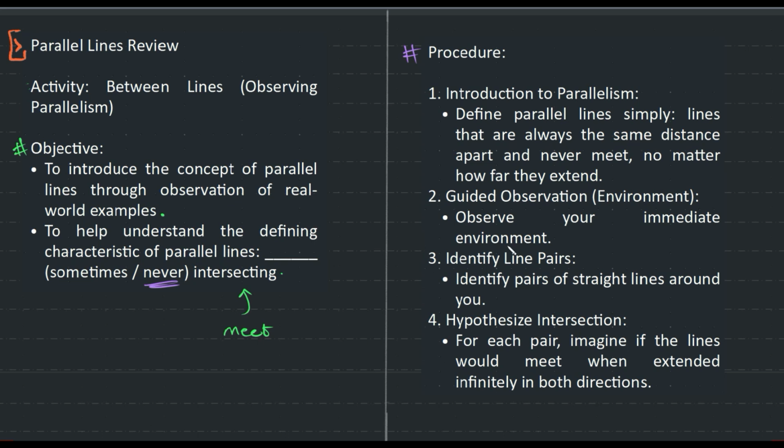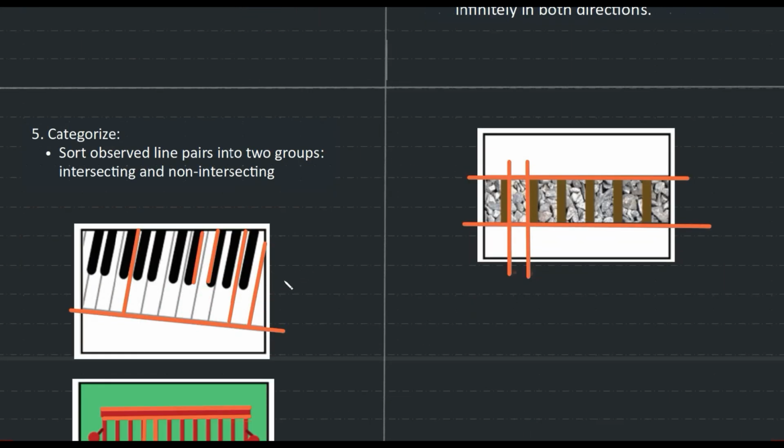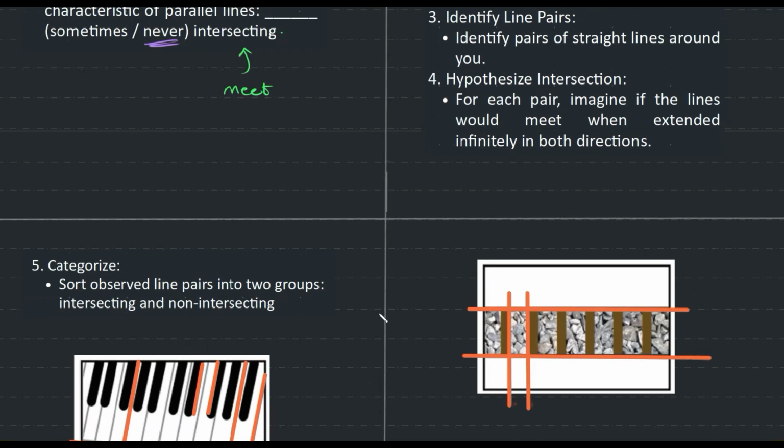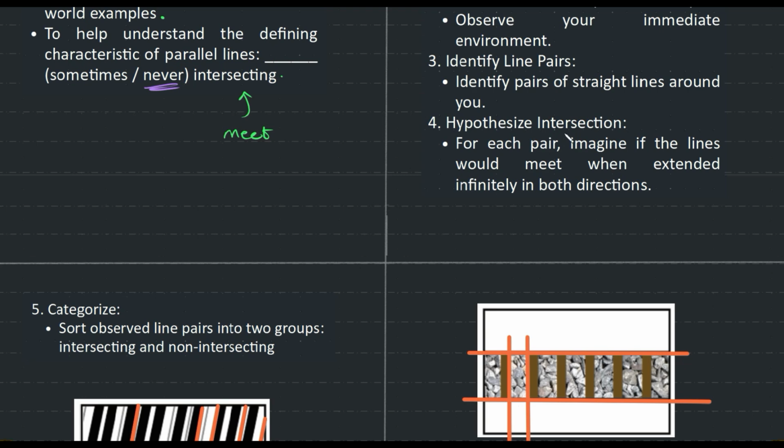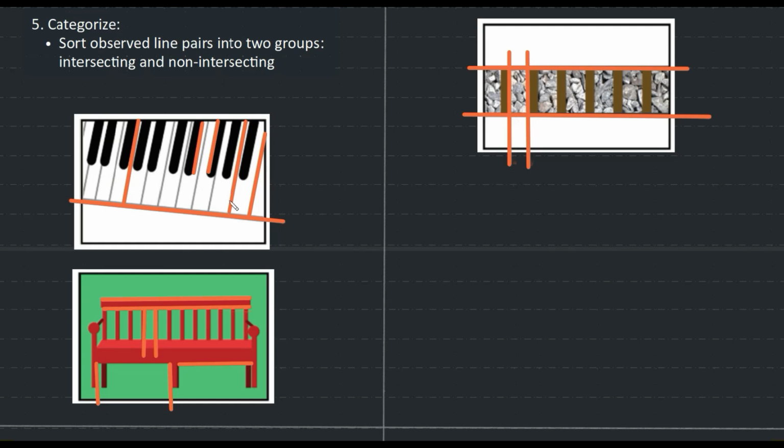So we had to identify line pairs, pairs of straight lines around you. Well, it can be any two of these. They will form a pair. Hypothesize them intersecting. If we extend these lines, you have to imagine, okay, if I extend these lines, will they meet?